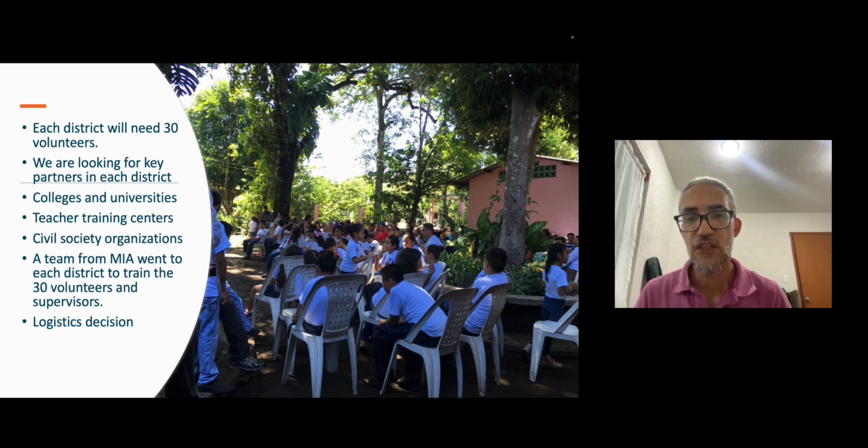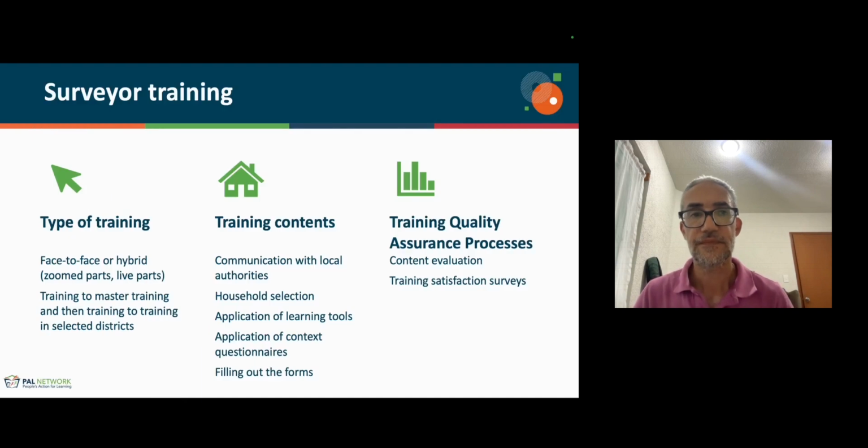And this decision was a logistic decision. We chose this way because for us it was cheaper and quicker to move one squad of trainers and not to use the cascade process.